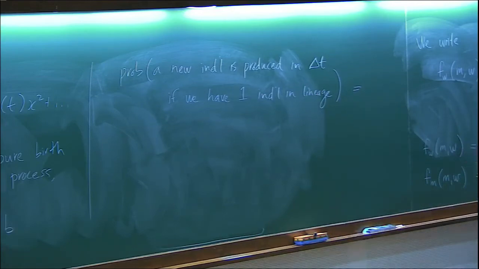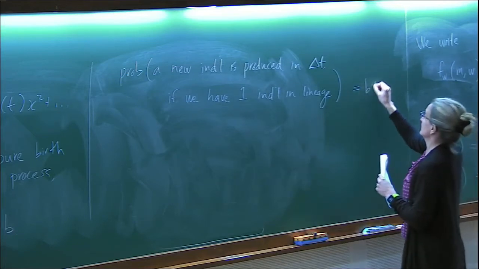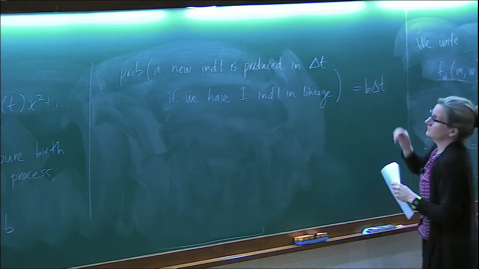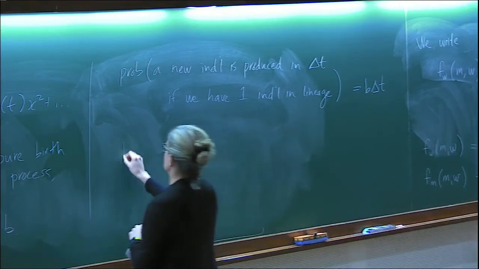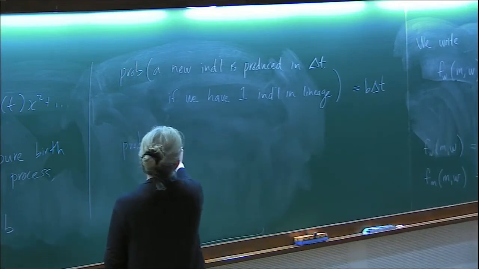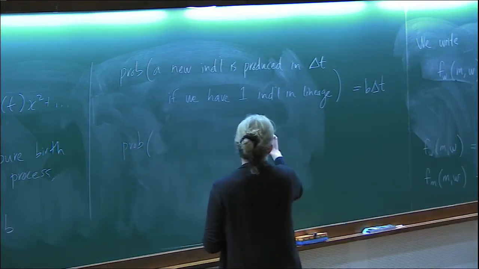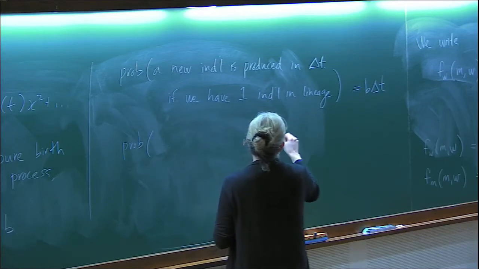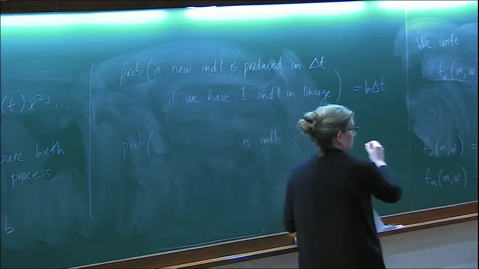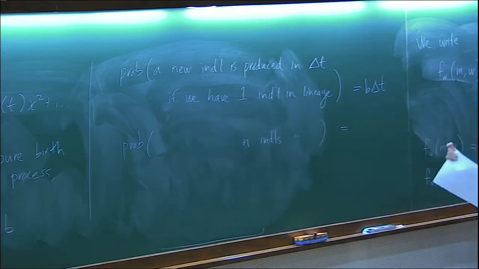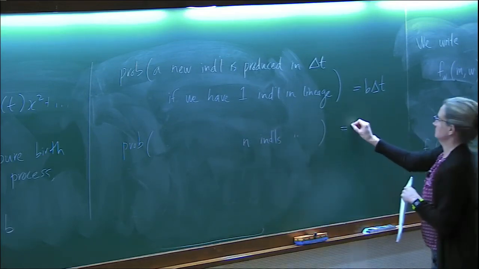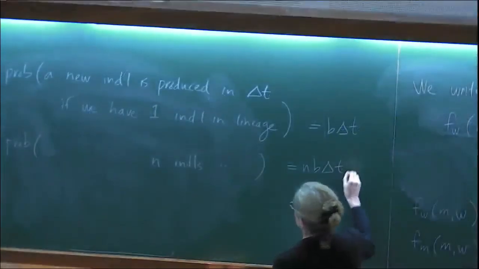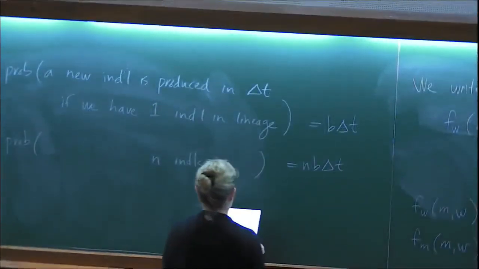So that's pretty easy. We're just converting a rate to a probability, right? So b delta t. And if we have n individuals in the lineage, they could all give birth, so nb delta t. Okay.